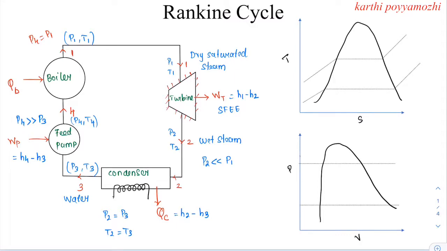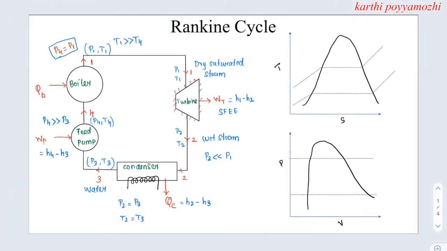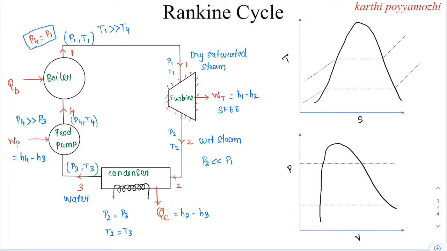That is, T1 will be much greater compared to T4, whereas pressure P4 will be equal to P1. At constant pressure, we will be raising the temperature of the water. Due to this, there will be a change of phase from liquid to saturated liquid to dry saturated steam.